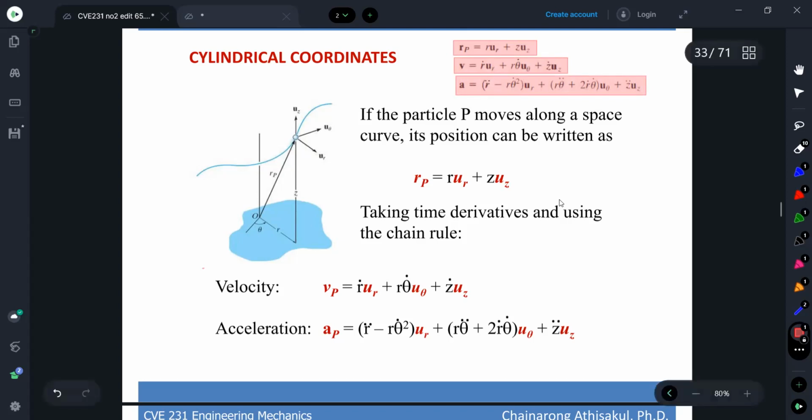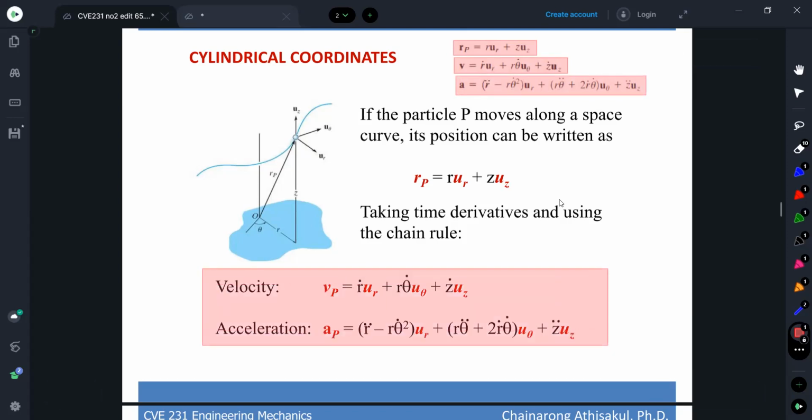We can conclude that the velocity and acceleration for the cylindrical coordinate system are defined by this block.